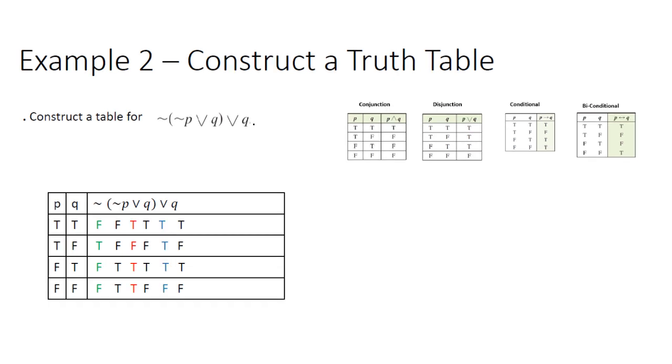So in that last space, since I have false, true, it is true; true, false, it is true; false, true, it is true. Only when both of them are false do you get a false. So my final values for all these compound statements are true, true, true, false.